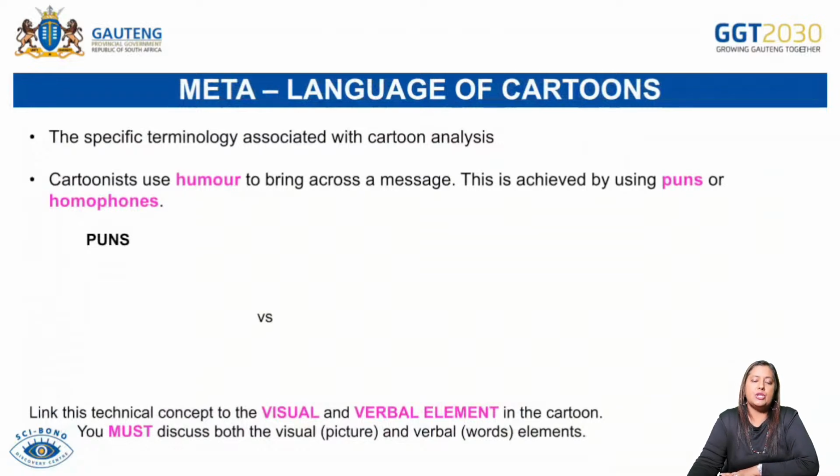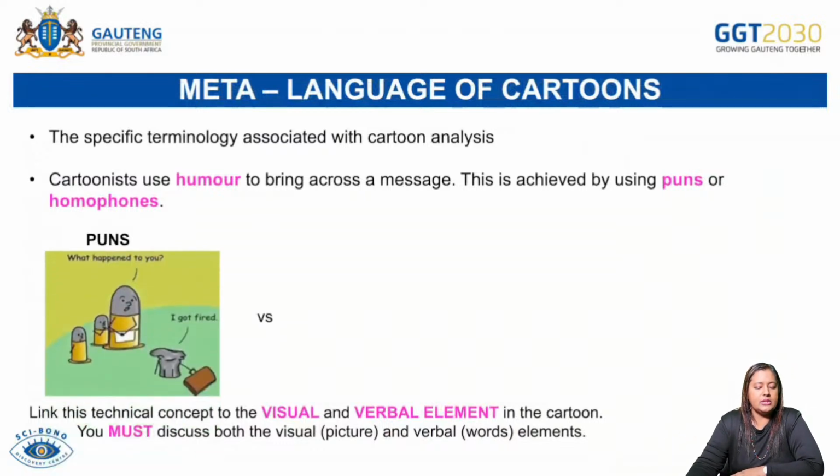Now, look at the language in cartoons, Grade 12s. These are the terms that you would be looking at when you're dealing with the cartoon. Specific terminology like the gutter versus the frame versus the fictional image, and other things like humor, satire, sarcasm, puns, all of those terms, right?